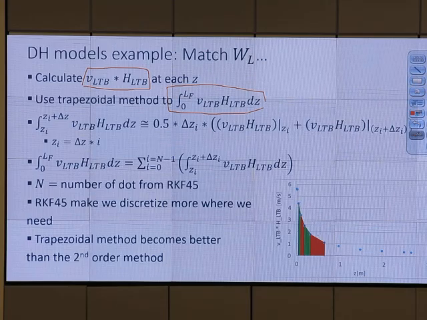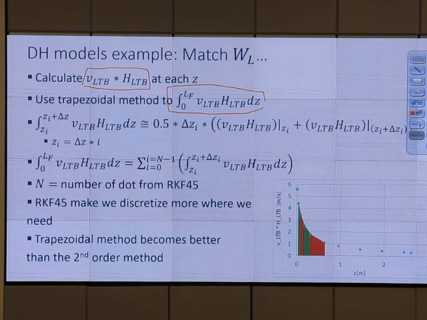When you do trapezoidal based on RKF45, okay, your order of error is better than regular trapezoidal method, because this time you did not discretize it at equal interval. This time you discretize more when you need to discretize more, and you discretize less when you need to discretize less. So even though you use trapezoidal method, if you use it with RK45, you see the curve match pretty well. Okay.